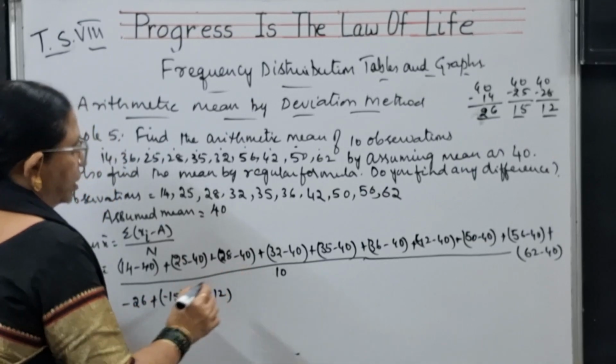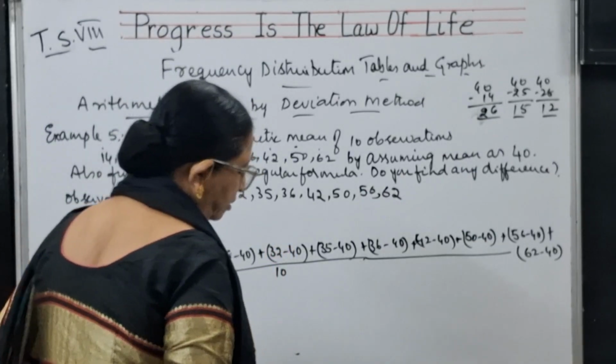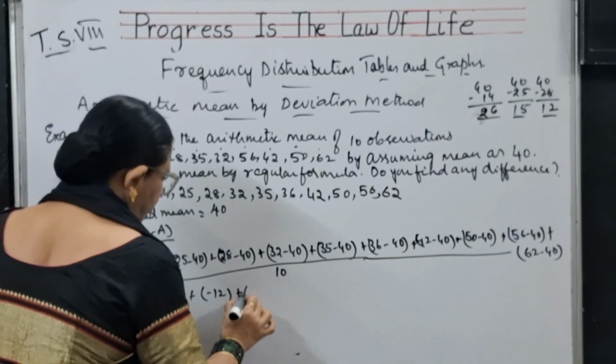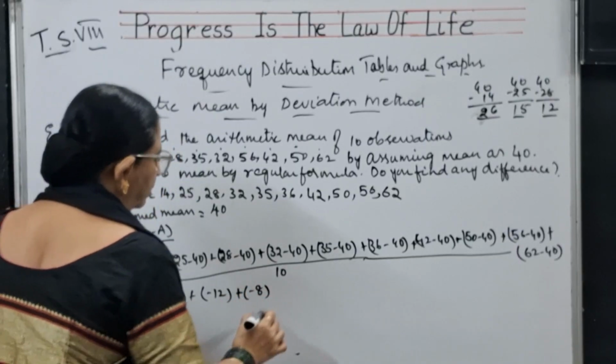Now 32 minus 40 is 8, so directly we can write minus 8.